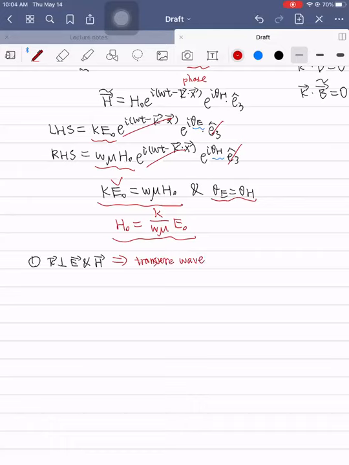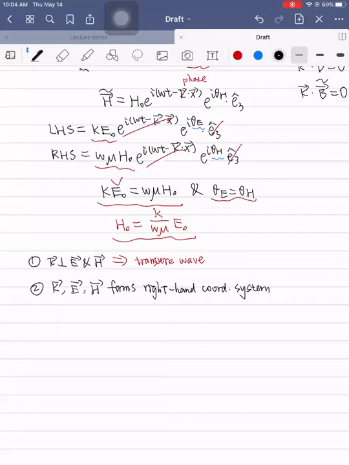And second, K, E, H form a right-hand coordinate system.